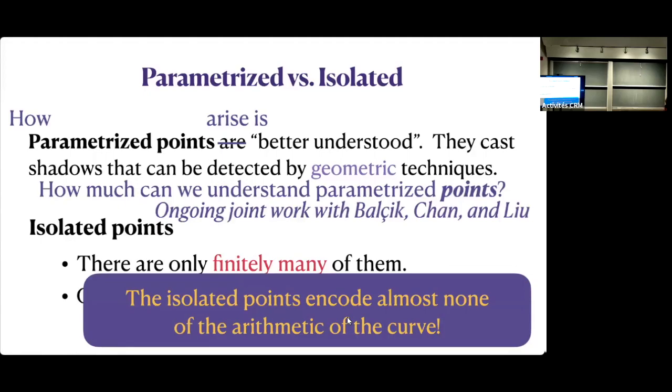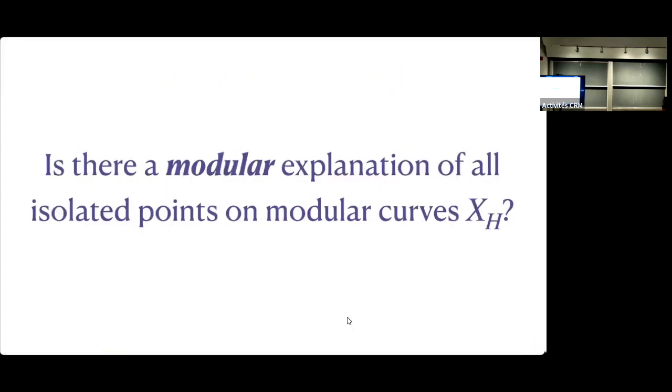Okay, and then the third direction, which is very tantalizing, but I think still just interesting questions right now, is that you would want to know, is there some modular explanation for these weird points on a modular tower? For the weird points on an arbitrary curve, you can't really hope for an explanation because, like we talked about before, you can rig a curve through many isolated points and just rig them to be there.